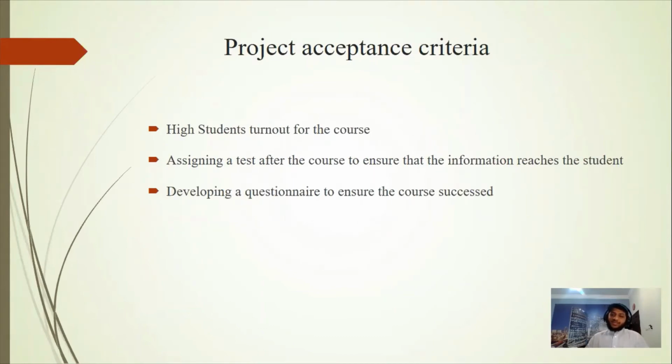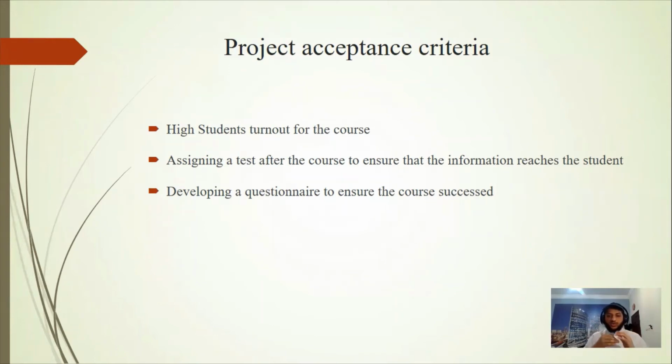The project acceptance criteria are the things that we see at the end of our project. If we did it right, that means we succeeded. The first criterion is a high student turnout for the course, and we mean by that many students register for our course and come to take it.